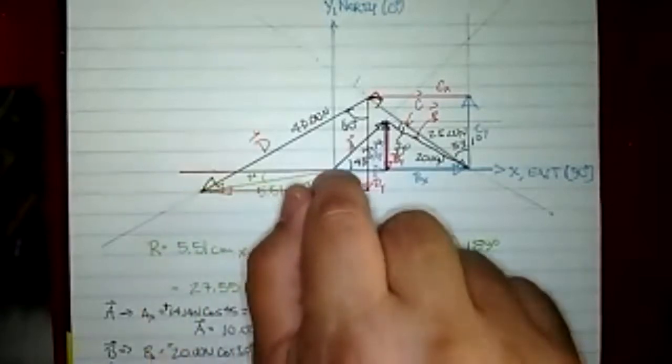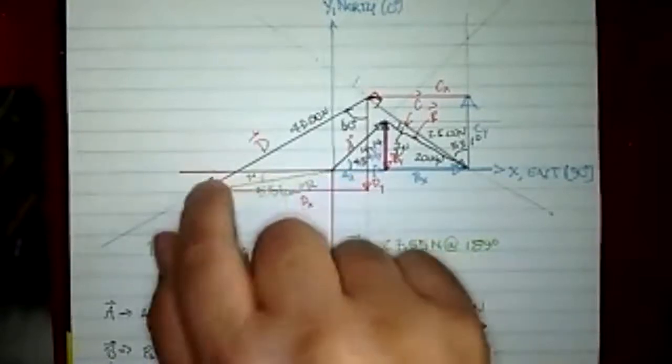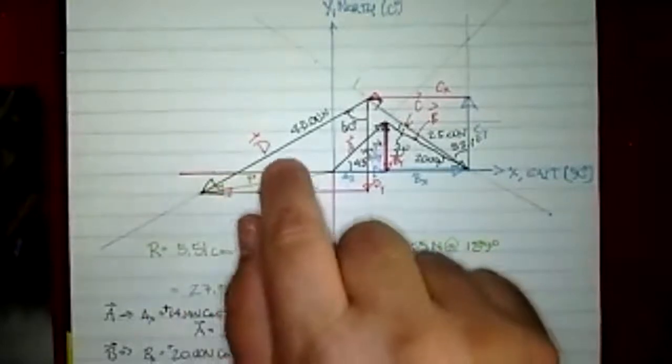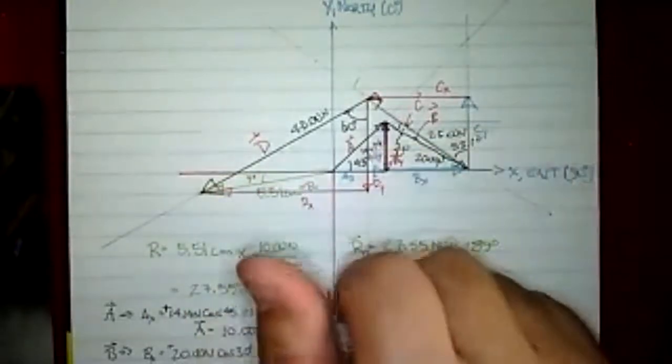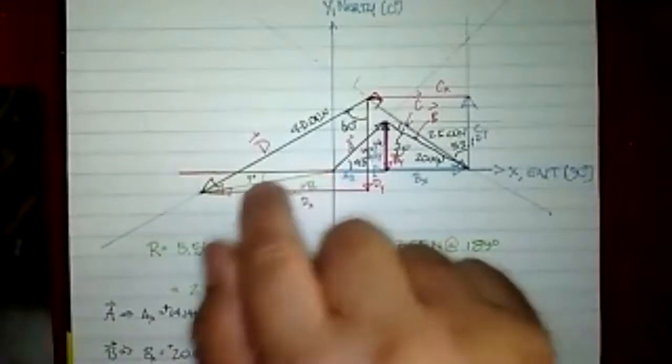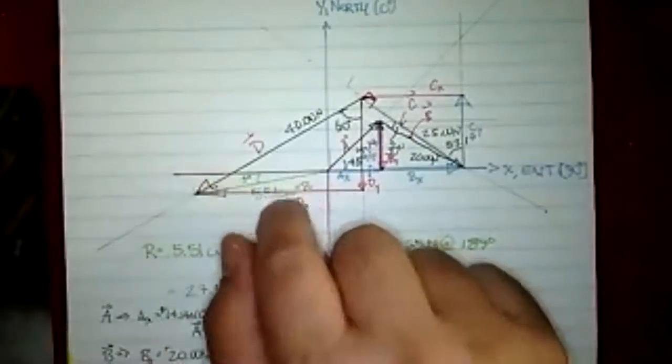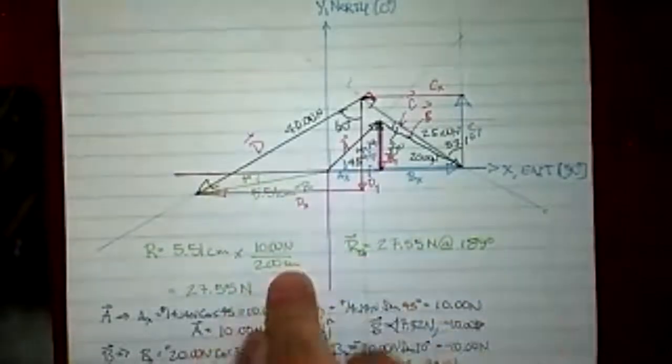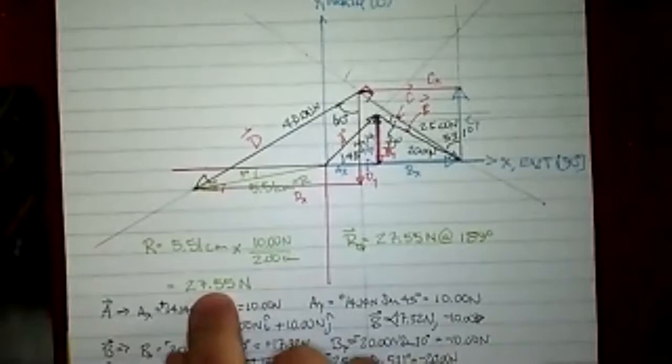So I go from the origin where I started, draw a vector to that. That's my resultant. I was able to measure the angle. I was off by on the order of 1%, and I was able to measure the distance, and then of course use the scale, 10 newtons equals 2 centimeters, to get it back to 27.55.